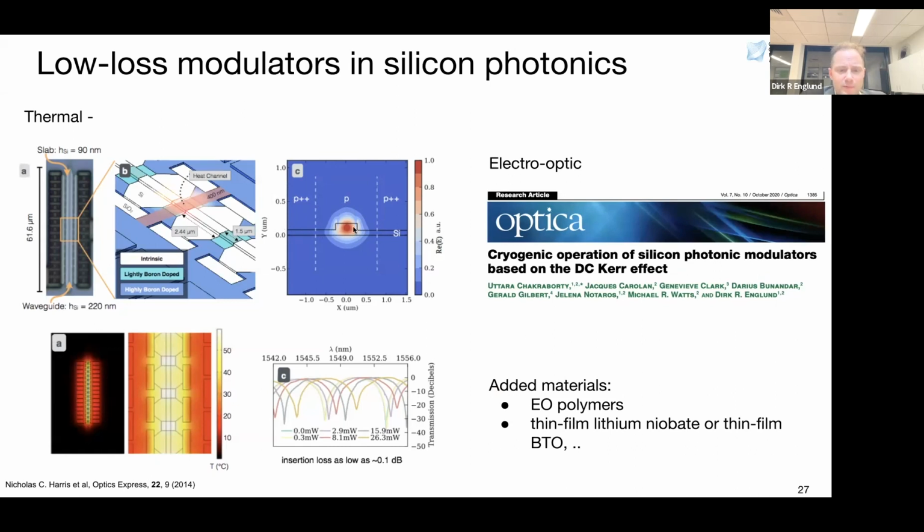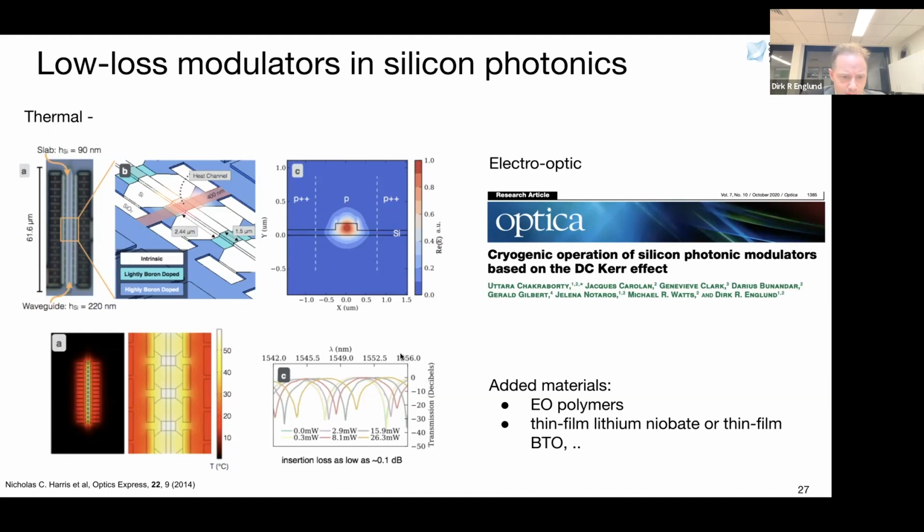The current runs through here, and what you do is you make the doping of the silicon here smaller than the doping around it, so that the resistance of this region is higher than the surrounding. So the current runs pretty unimpeded here, then meets high resistance here, and comes out the other end. That means the power of the ohmic heating is deposited exactly where we want it in the waveguide.